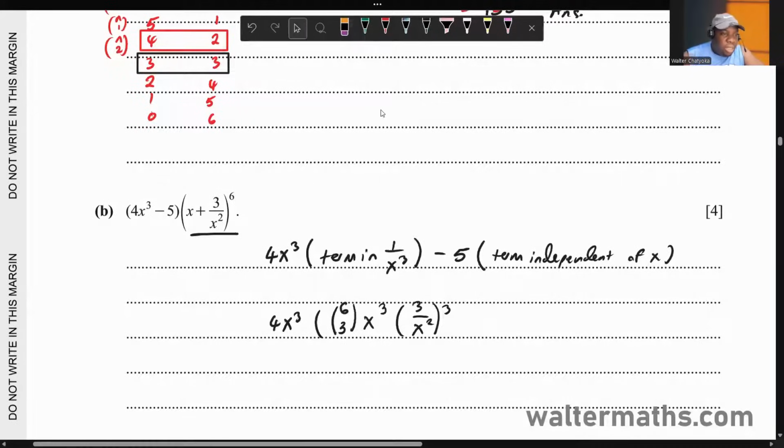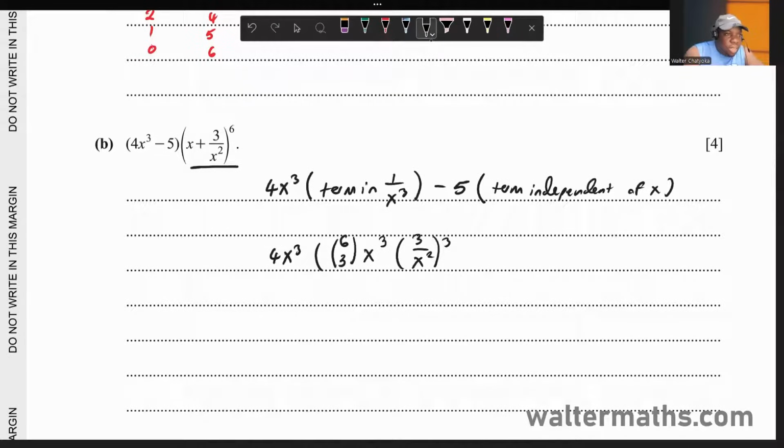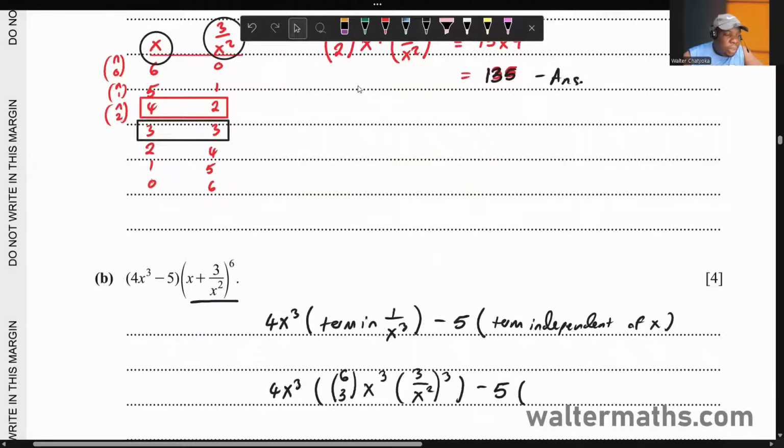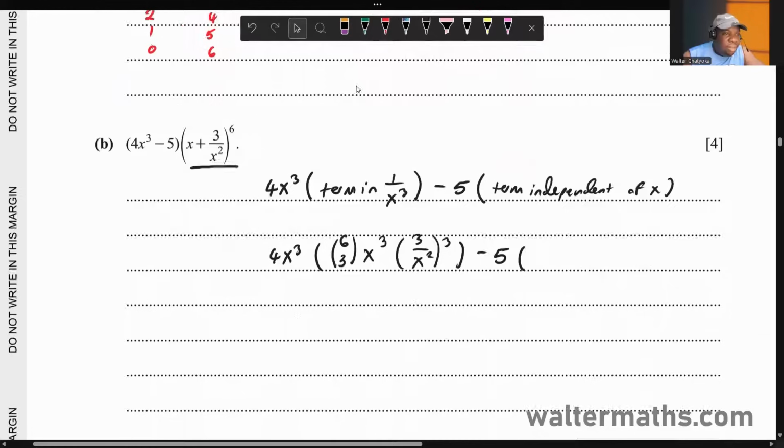I'll close the bracket, and this minus 5 times the term independent of x, which we got above, which was 135. So here we'll have 4x cubed times 6 choose 3, which is 20, and 20 times 3 cubed would be 540, and that's over x cubed.